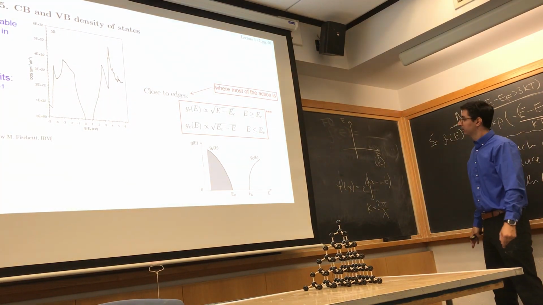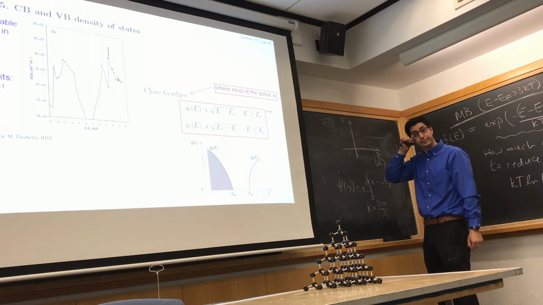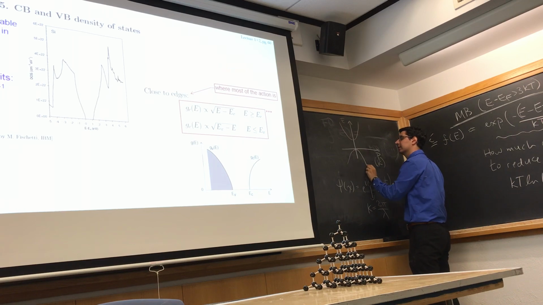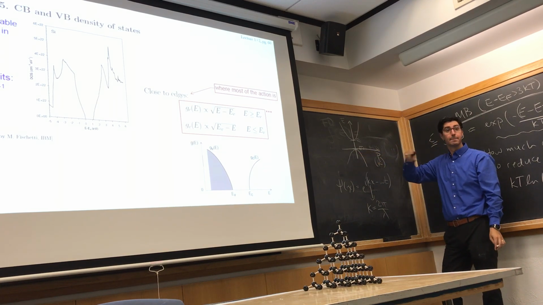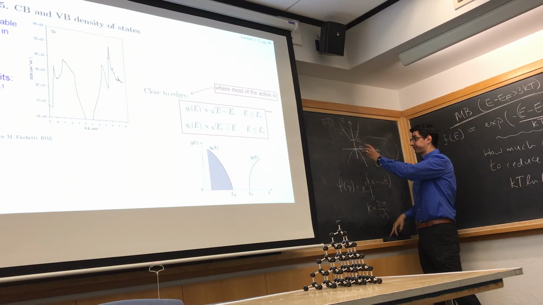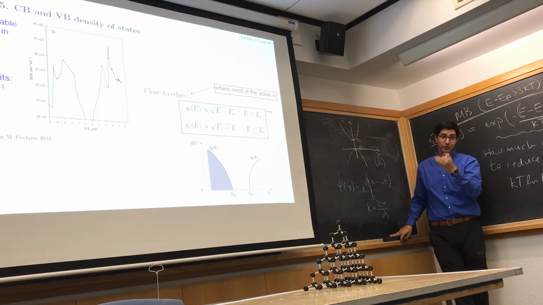So I can plot energy versus momentum of these electrons, and I get a picture like this. EC, EV, these are the band edges. I'm not telling you how I'm solving this.